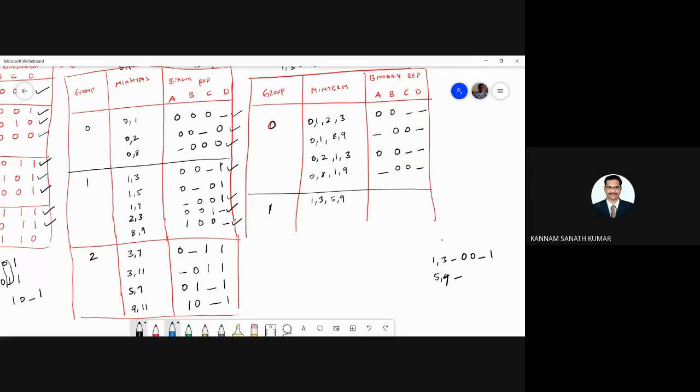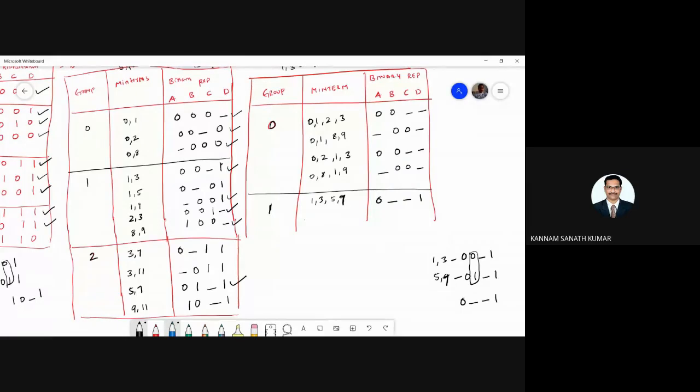So 5, 7 is 0, 1 dash 1. This differs by one bit, so you can write 0 dash dash 1. So 1, 3 and 5, 7 is over.